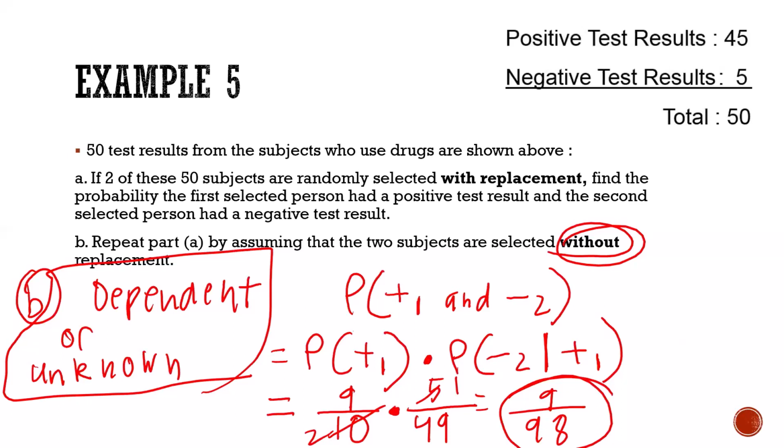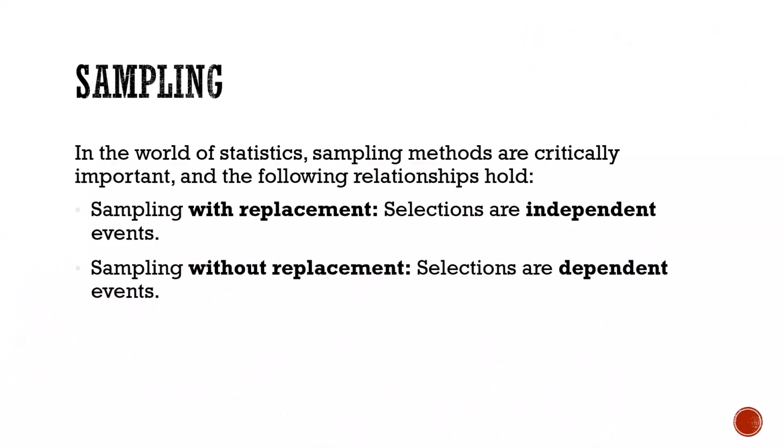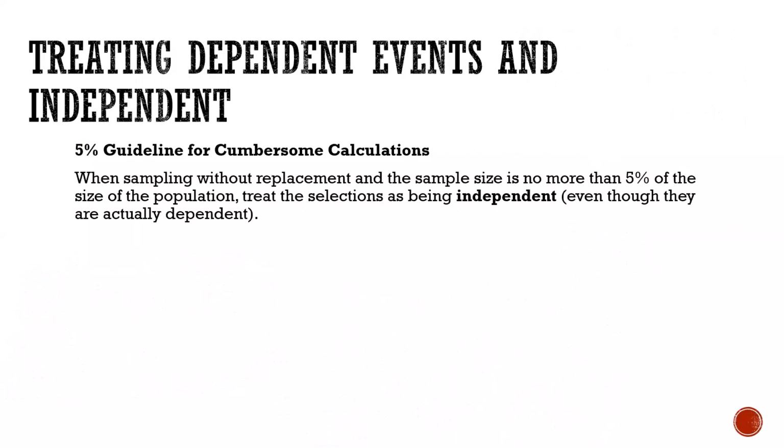They're different, but not much different, right? So what does that mean? That means if you were sampling without replacement and your sample size is smaller than 5% of the population, you can just pretend that the sampling is independent, even though that it's strictly speaking dependent.